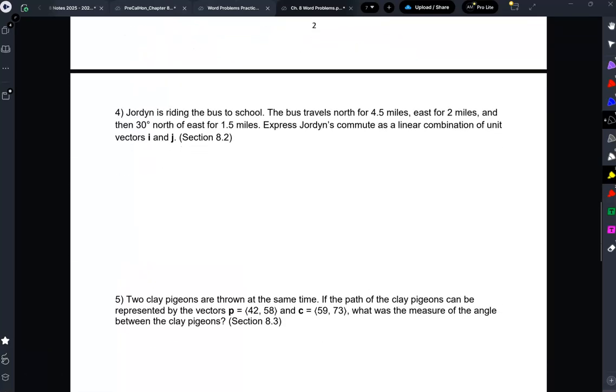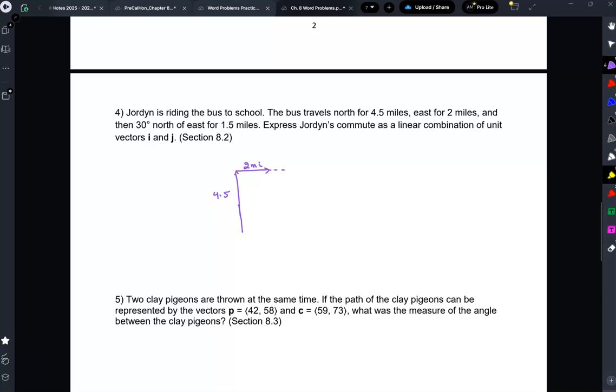Jordan is riding the bus to school. The bus travels north for 4.5 miles, then east for 2 miles, and then 30 degrees north of east for 1.5 miles.